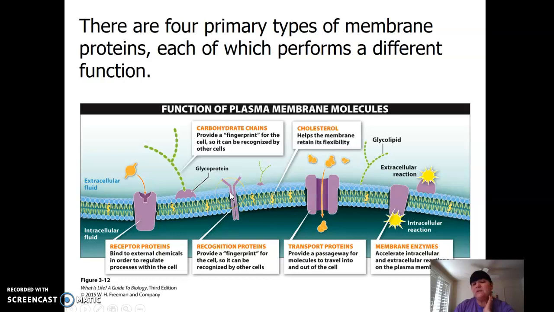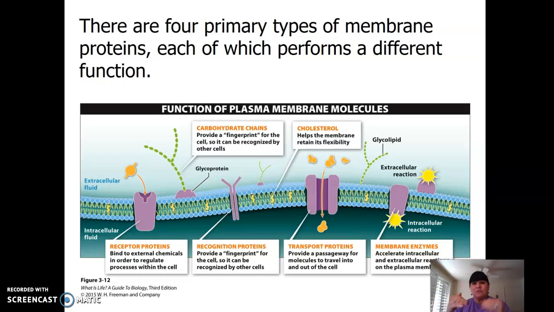Recognition proteins, that was another thing we talked from the previous slide. So how do cells recognize other cells? Well, these proteins. This means nothing to you right now, but it'll mean something in just a second. For example, if you've ever heard of someone getting an organ transplant, and it's like, oh, why can't you just take an organ from someone else and put it in someone else's body?